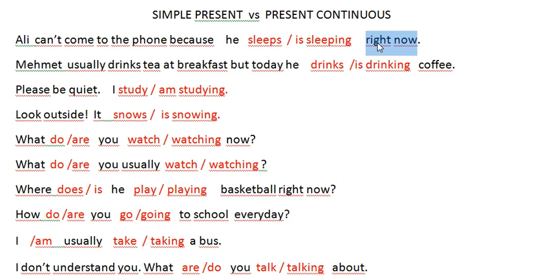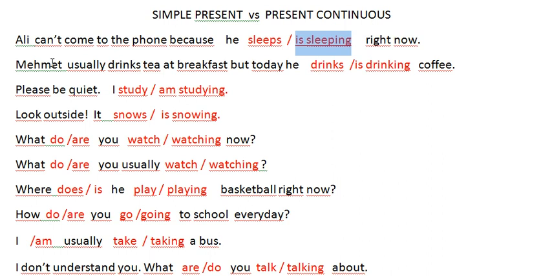So what is he doing right now? So he is sleeping. So he can't come to the phone because he's sleeping right now. Right now or at the moment, those all have the same meaning.